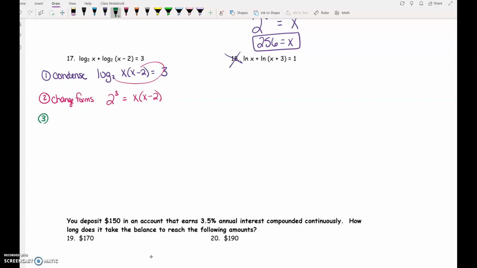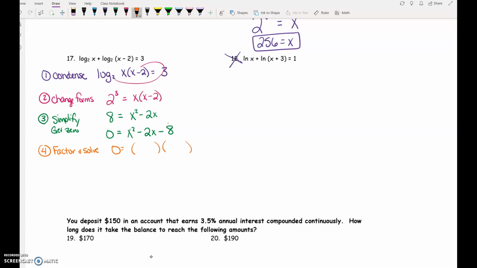Your next step is to simplify what you have and get 0 on one side. So 2 to the 3rd is 8, and this is x squared minus 2x. Subtract 8 on both sides to get x squared minus 2x minus 8. Your next step is to factor and solve.